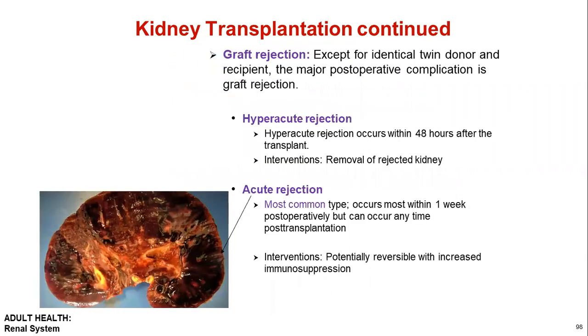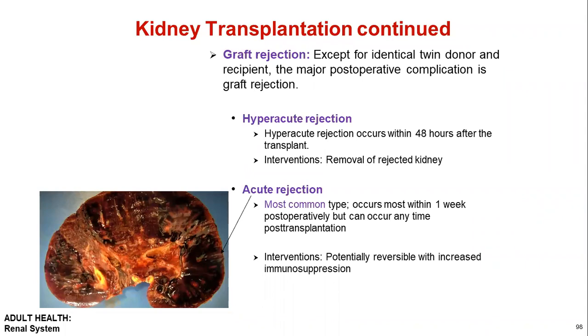So here we are talking about monitoring for organ rejection, like graft rejection. Except for identical twin donor and recipient, the major post-operative complications are organ rejection or graft rejection. As I told you, we check for fever, hypertension, and pain at the site.